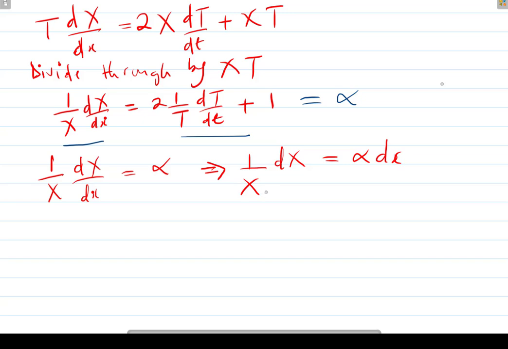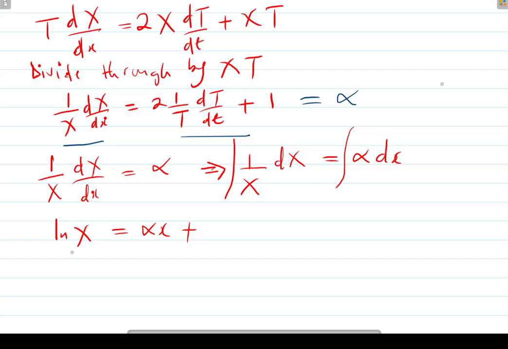Now this is just of first order, so we are using direct integration. So if we integrate here, this will be ln X equals alpha x plus, now we have a constant here.